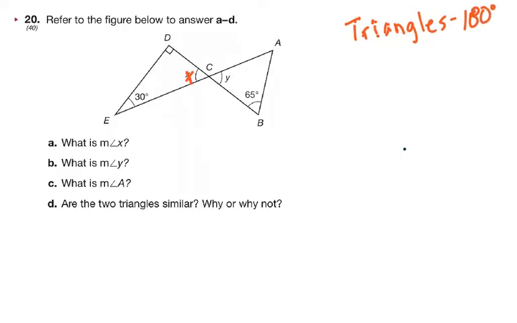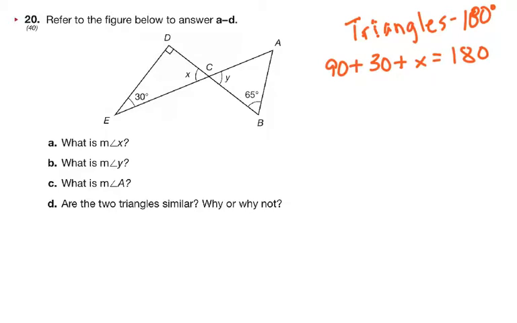All right, so if I have a 30-degree angle right here, and I have a box here which tells me it's a 90-degree angle, I'm going to do 90 plus 30 plus the x equals 180. Then I'm going to solve that problem and find my final answer. That's for x. Go ahead and pause and find that.